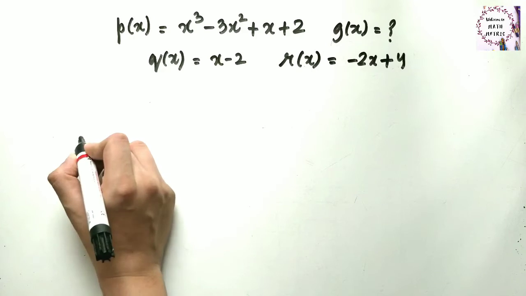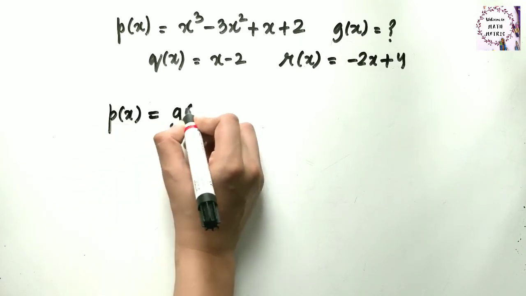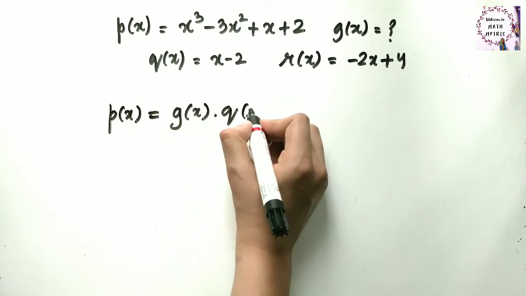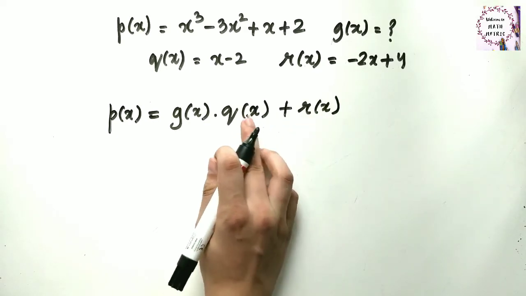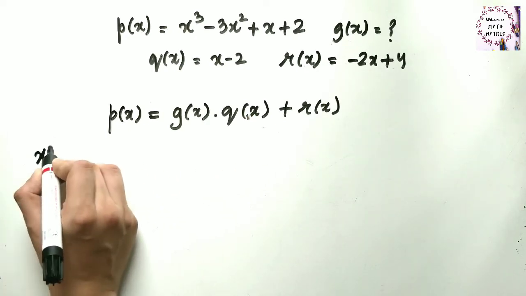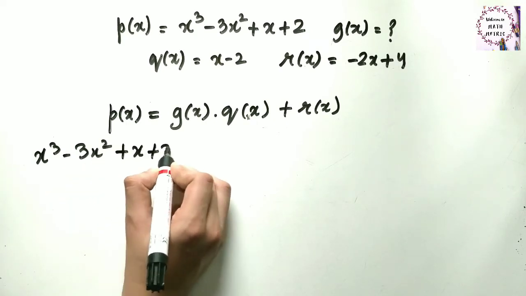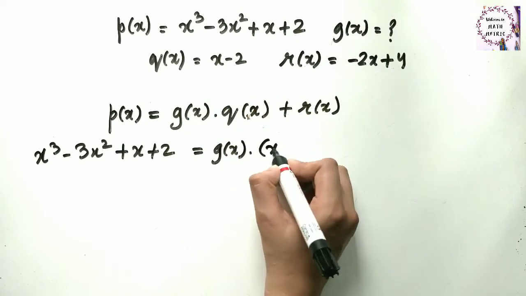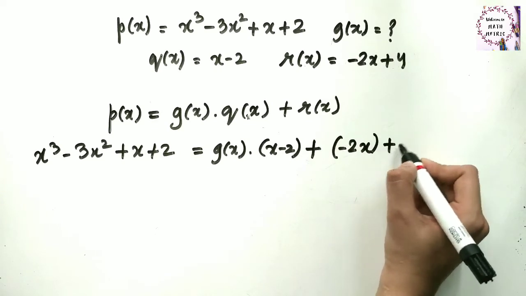So we know that p(x) is equal to g(x) into q(x) plus r(x), right? So now we'll put the values here. We'll put the value of p(x) here, x cube minus 3x square plus x plus 2 is equal to g(x), which is not given to us, times q(x), whose value is x minus 2, plus r(x), which is minus 2x plus 4.